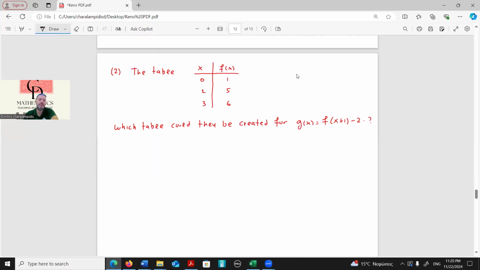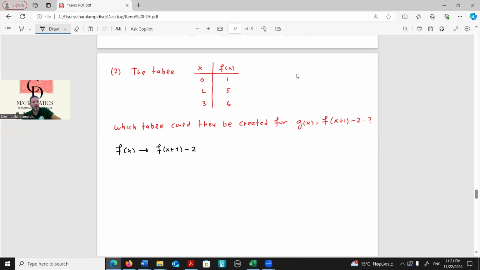Again, it's exactly the same exercise as before. We are given a transformation. We know that from f of x, we are moving to f of x plus 1 minus 2.